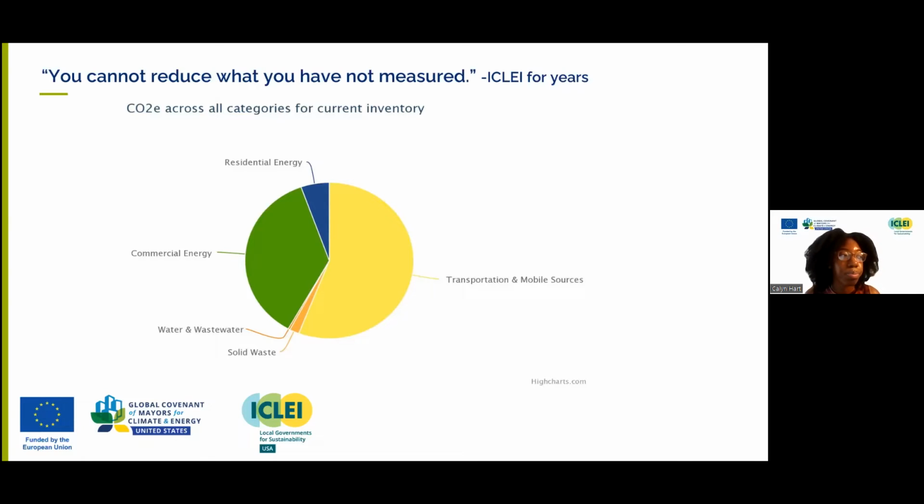And as we know from the most recent IPCC assessment, solid waste methane emissions were a little more detrimental than we had known previously. And so you can expect those solid waste emissions to increase. So you want to ensure that those three sectors are really what you are working towards, making sure you are reducing those emissions.